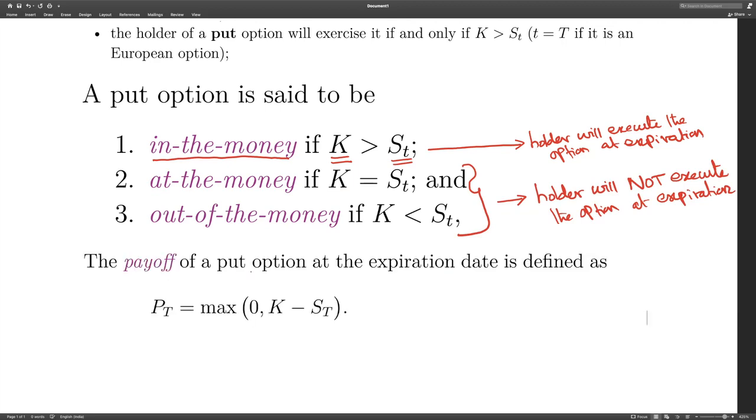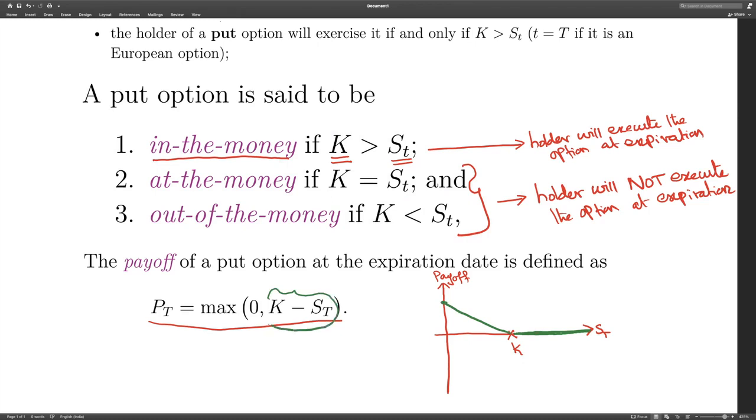The payoff of the put option at the expiration is defined like this. You can see that if the spot price is greater than the strike price, then the holder will not execute the option, and therefore the holder's payoff in this case is just zero. Whereas if the spot price is less than the strike price, then the holder will execute the option and thereby get the payoff given by this expression, right?